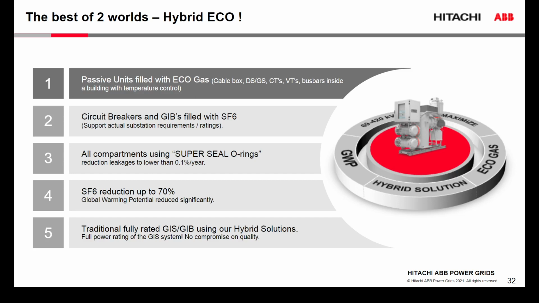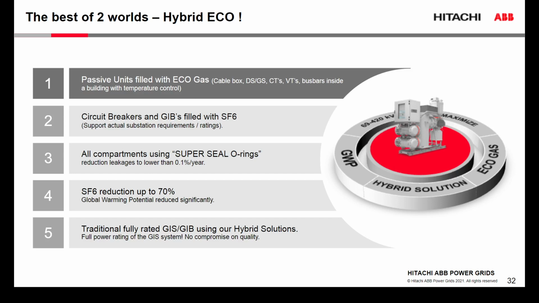A big advantage is that the limitations to the ratings in the grid are reduced. Typically, with the AirPlus technology in today's world, the limitation is 40 kA for the circuit breakers on the market. With the hybrid solution, ratings of 50, 63 kA or even higher can be reached, which would allow for reducing the SF6 content within the substations drastically.